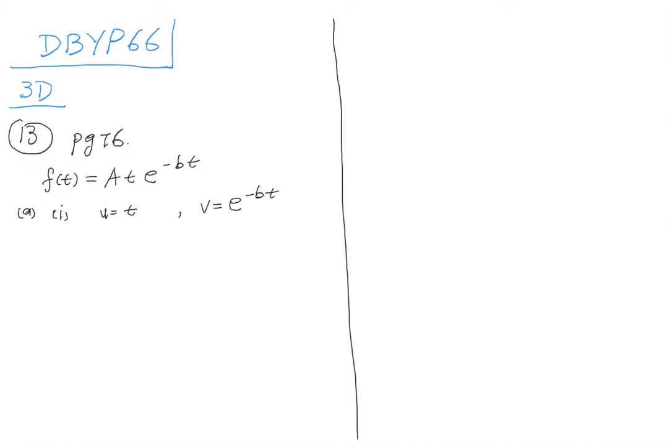Your u is t, your v is e to the power of negative bt. So differentiate u, u prime you get 1. Differentiate v, you get negative b e to the power of negative bt.